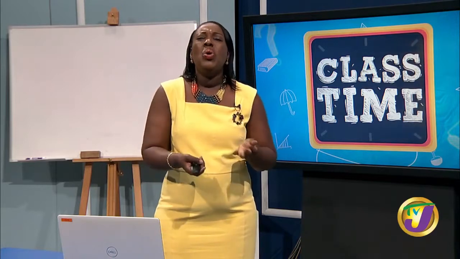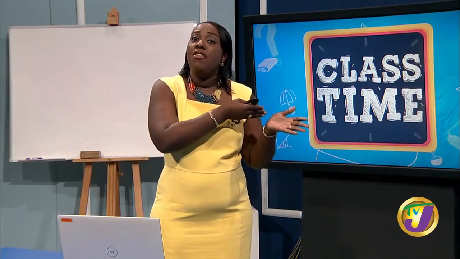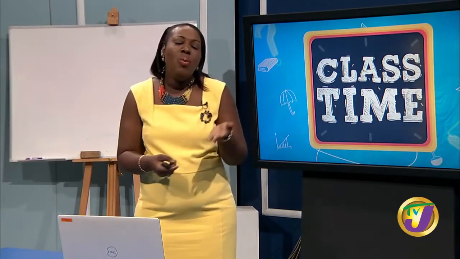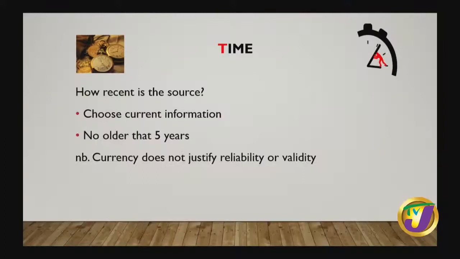Choose current information. And most books will tell you not to go further than 5 years. Some will say 10, but definitely, students, we're not going back after 10. So it's 2020 now. Try to keep no further than 2010.